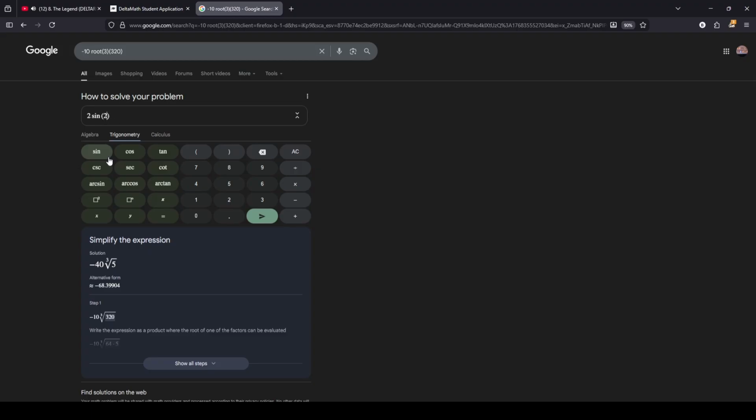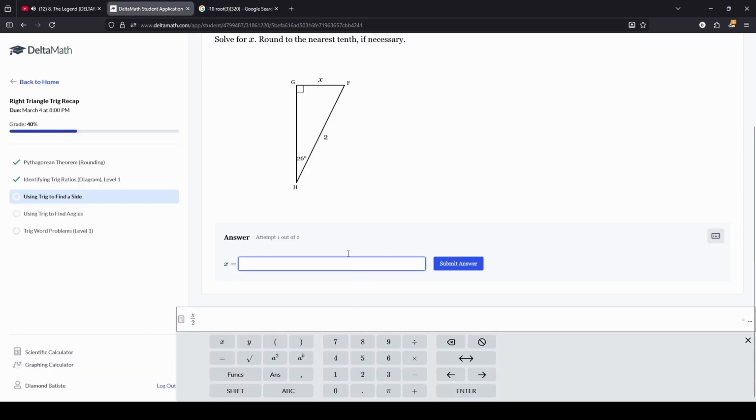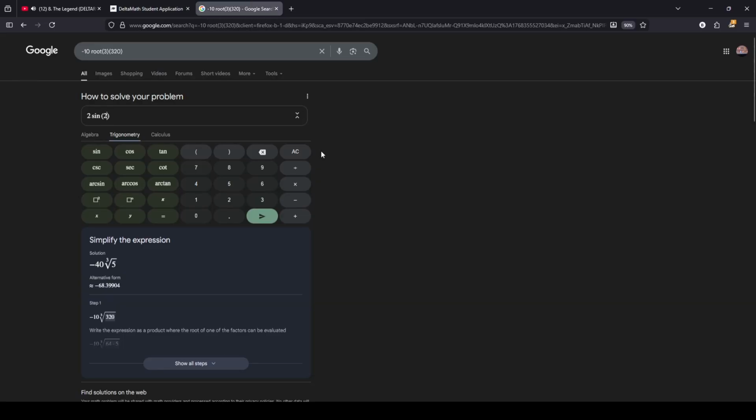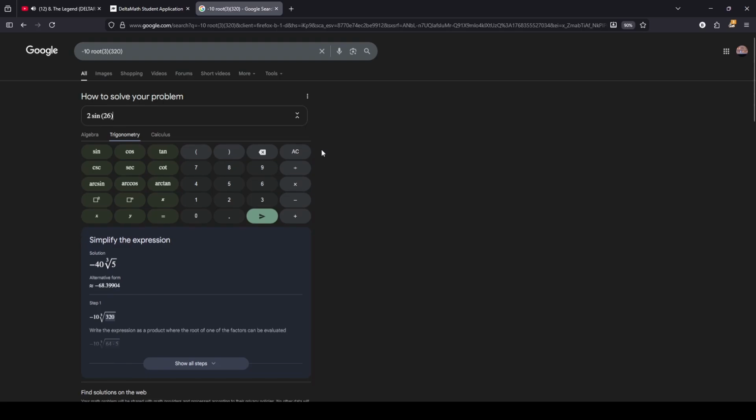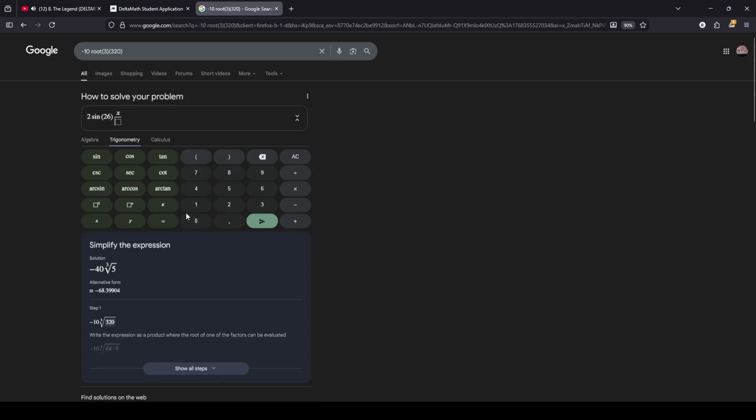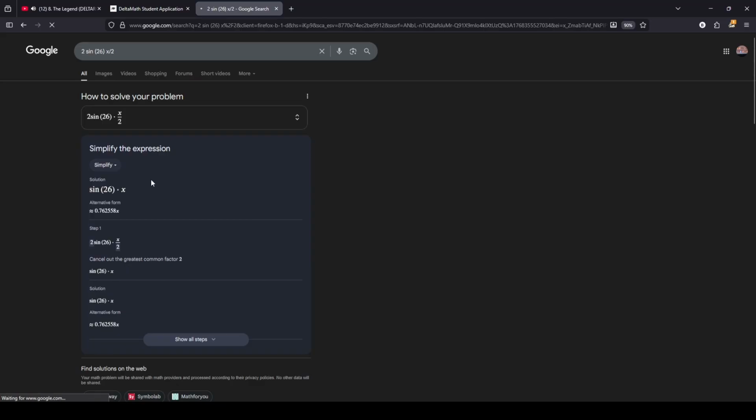Wait, no, not 2. 26. Okay. 26. And then you would put x fraction 2, which gets us. Is that how it works? I mean, that's how my notes say it works.